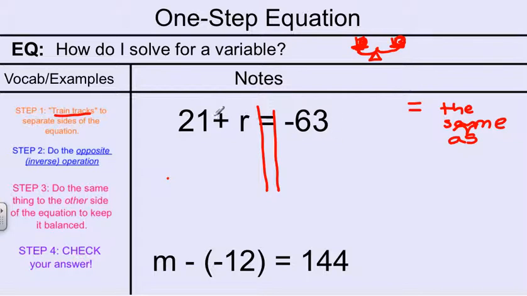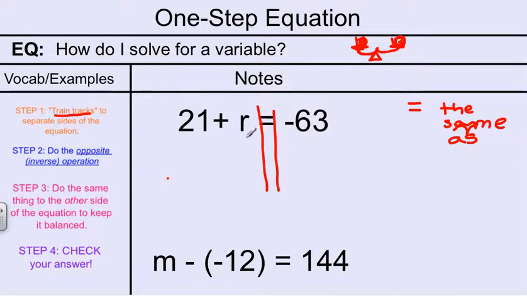There are a few conclusions I can make about the variable r. I know my answer is negative, so r must be negative because I'm adding something to it and I still get a negative answer. r cannot be positive, because if they were two positives, then this answer would have to be positive. That gives me a little insight when I'm solving my problems.